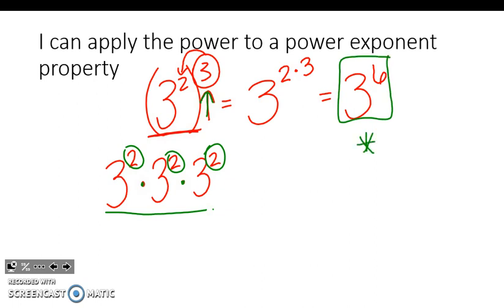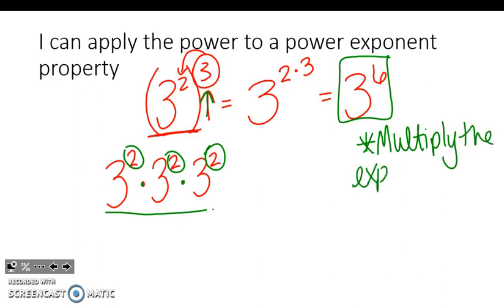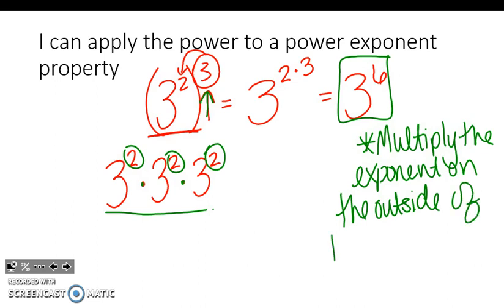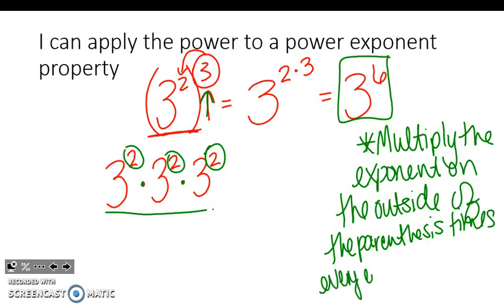Okay, so for this rule, you're going to multiply the exponent on the outside of the parentheses times every exponent on the inside.